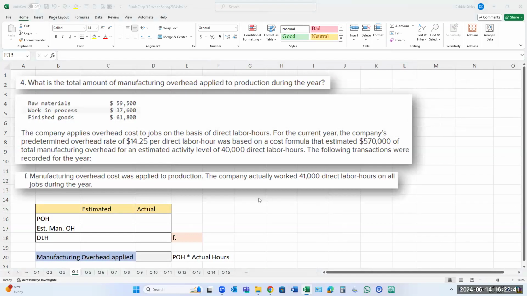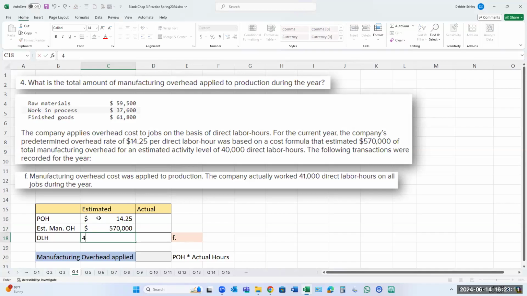Question 4. What is the total amount of manufacturing overhead applied to production during the year? So if you'll recall up at the top, they gave us the predetermined overhead rate, and estimated manufacturing overhead costs of 570 and estimated direct labor hours of 40,000.